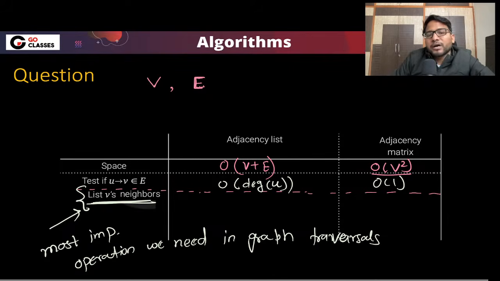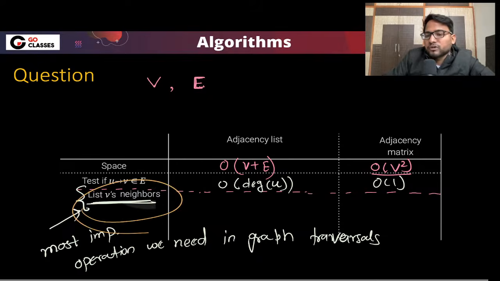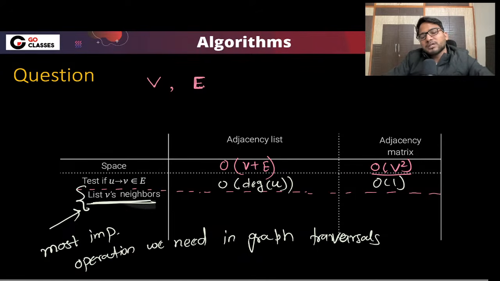This is the most important thing that we will be doing again and again. In DFS we will say go to the neighbors of v, so in DFS we need it, in BFS we need it. So how much time will you be taking here in the adjacency list if you want to list all the neighbors? Can anyone tell me?